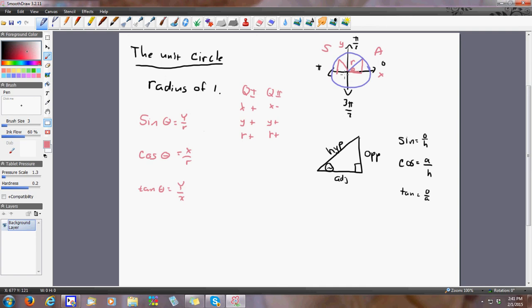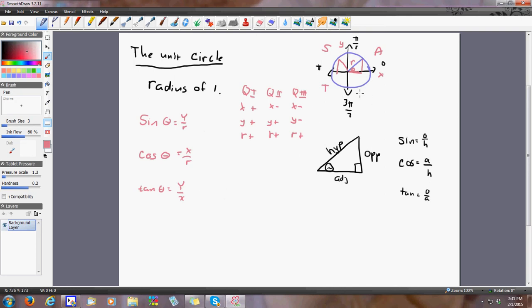In the third quadrant, both x and y are negative. R is always positive, but if x and y are negative, then sine's going to be negative, and cosine's negative. But take a look at tangent. You get a y over an x, which is a negative over a negative, which is positive. So in the third quadrant, tangent values are positive.